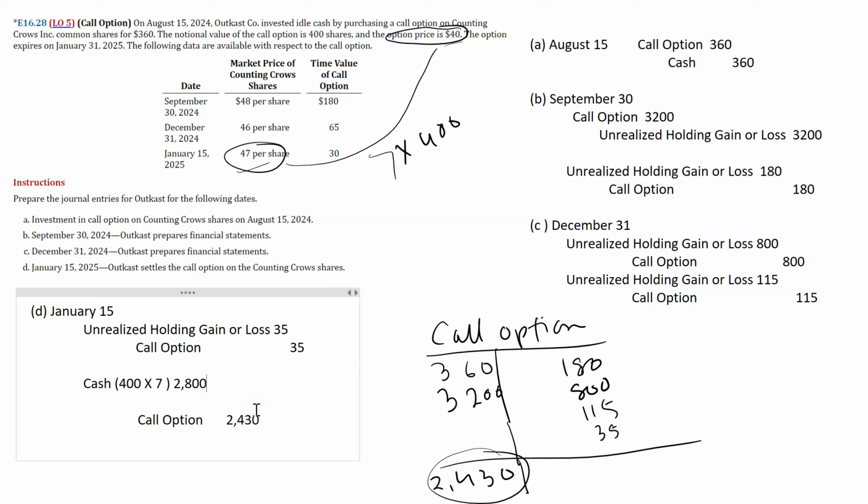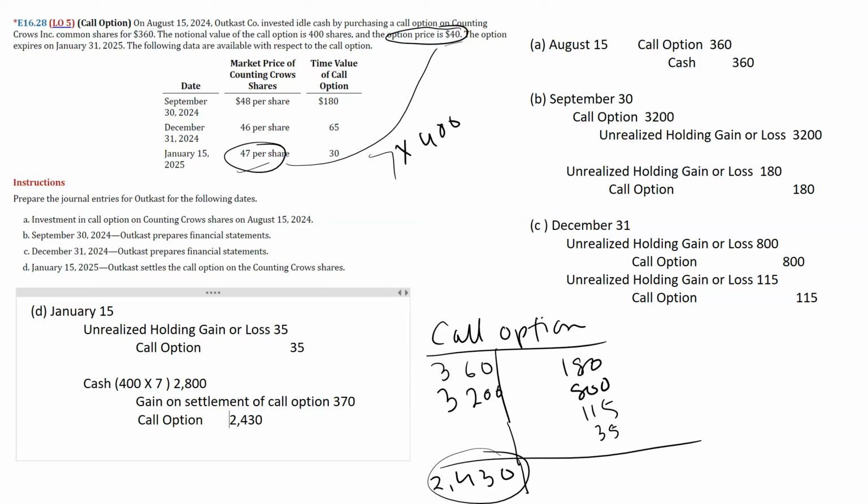This difference we credit as gain on settlement of call option. It's another credit item. So the difference will be 370.